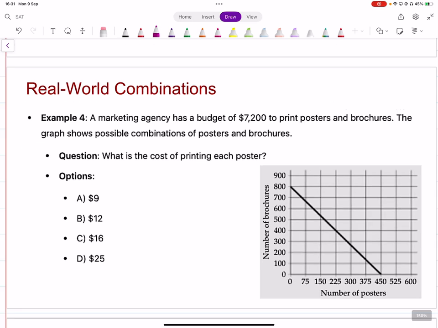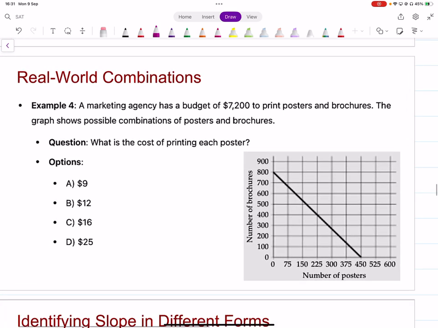So we can look at this extreme case when we're only spending on posters, right? That point at the bottom there, that represents that you're spending all the amount on posters. If you're spending the whole amount on posters, how many posters are you able to print? 450. What's the total amount that you have? 7,200.